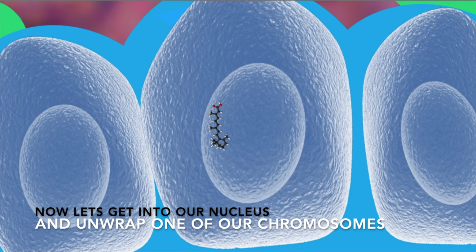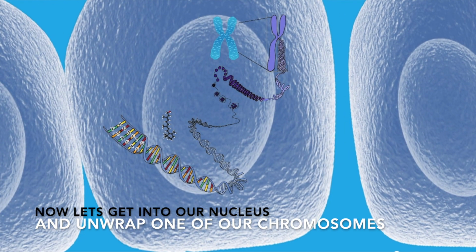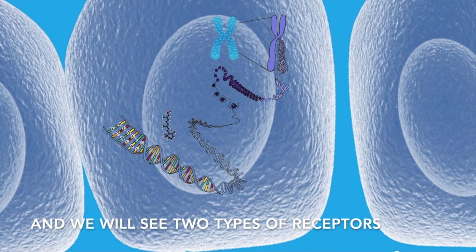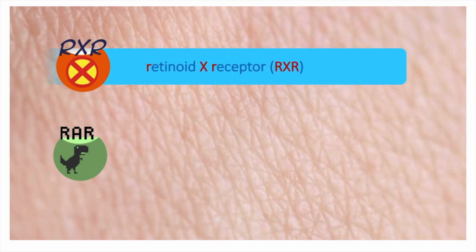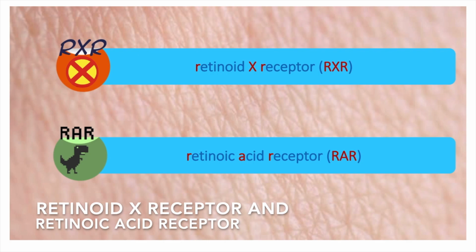Now let's get into our nucleus and unwrap one of our chromosomes. And we will see two types of receptors: retinoid X receptor and retinoic acid receptor.